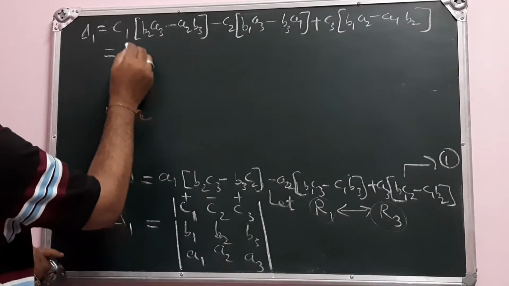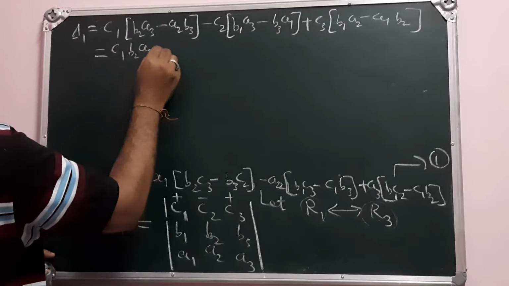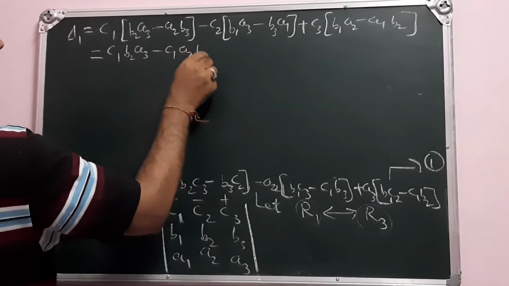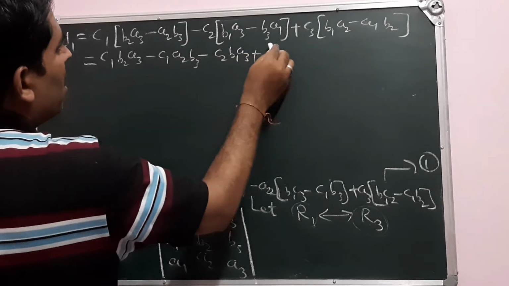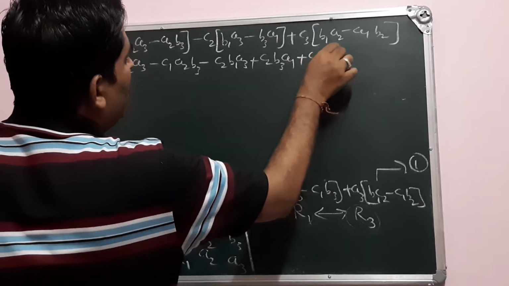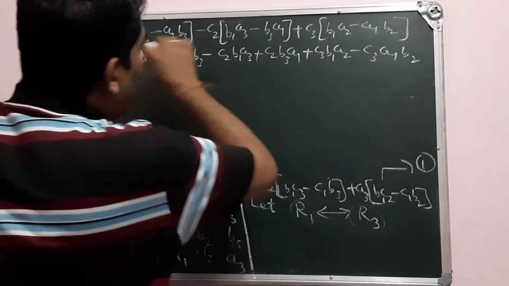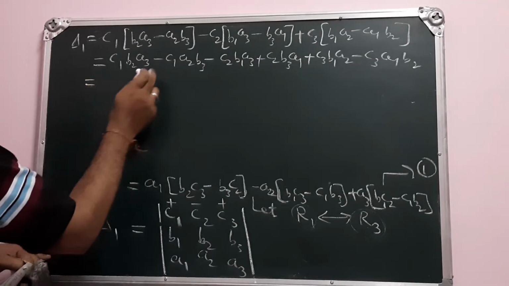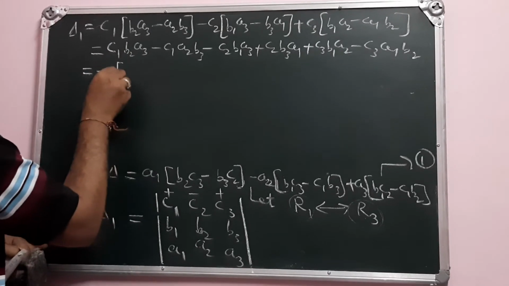See here. Next I will multiply all this. C1 B2 A3 minus C1 A2 B3 minus C2 B1 A3 plus C2 B3 A1, then plus C3 B1 A2 minus C3 A1 B2. Okay, I have multiplied all this. So I will take minus outside from all here.